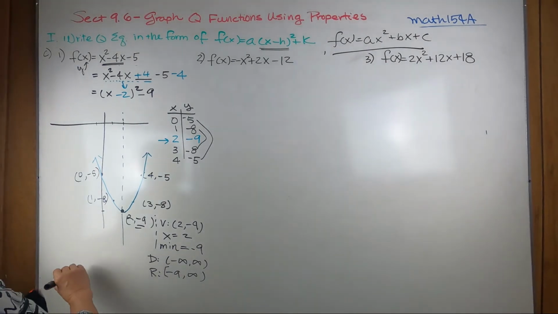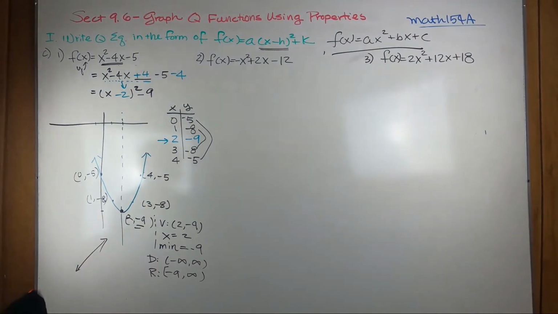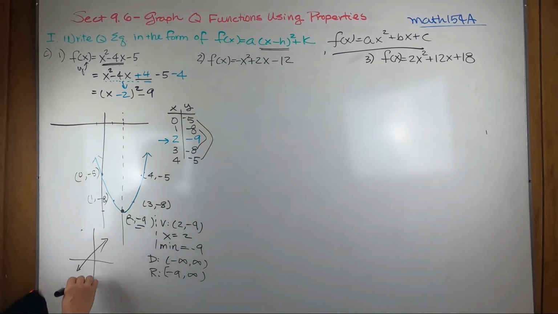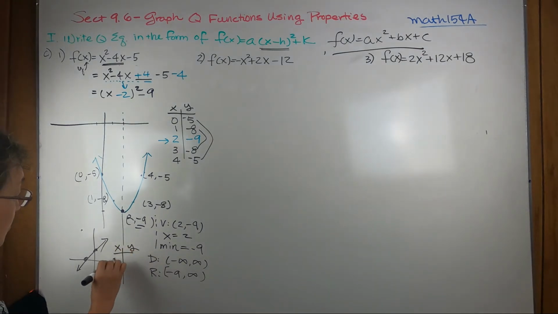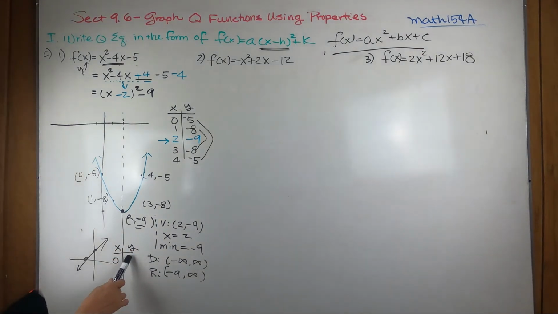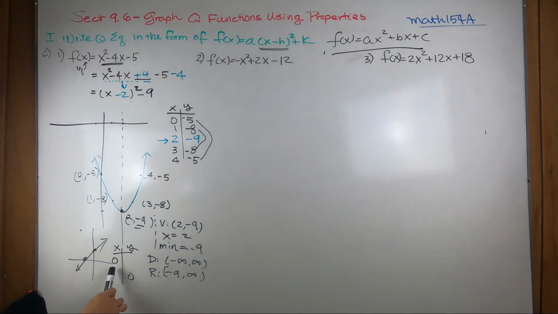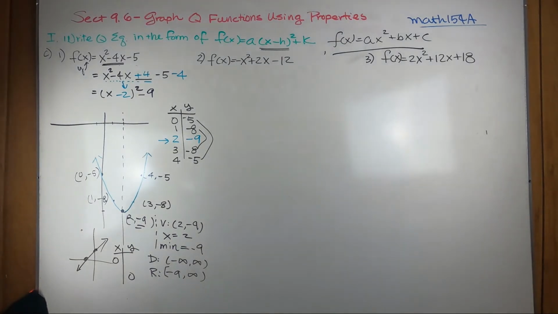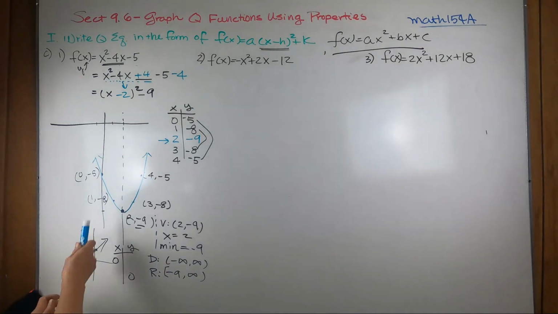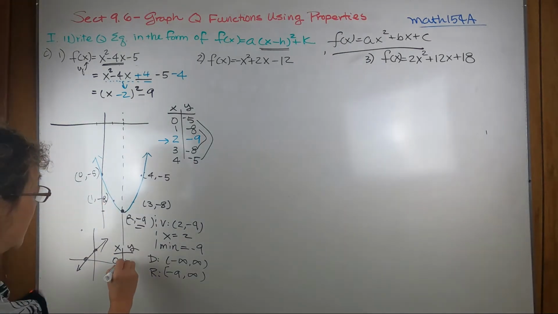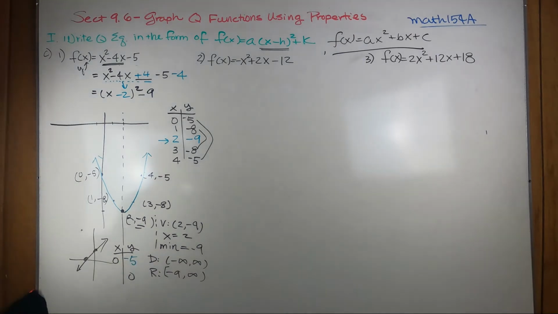Remember, when you do the line, how do you do it? Right? So you do this. For x and y, when x is 0, that would be your y-intercept, right? When y is 0, that would be your x-intercept. So when you plug in x is 0, y is what? Negative 5.